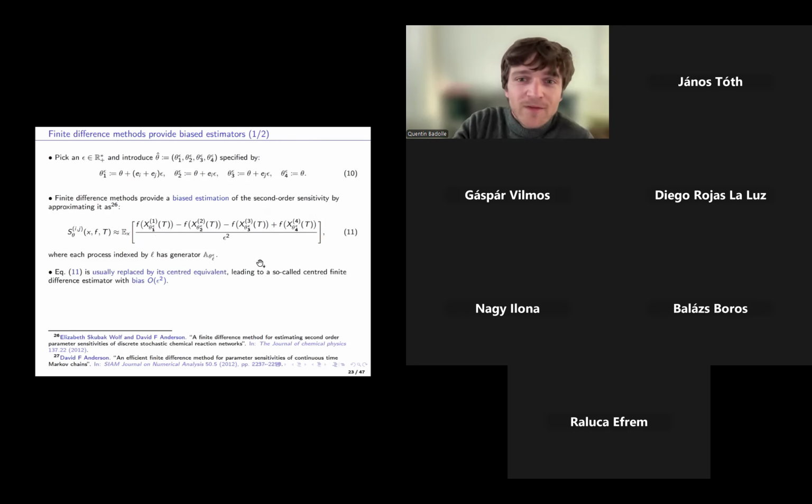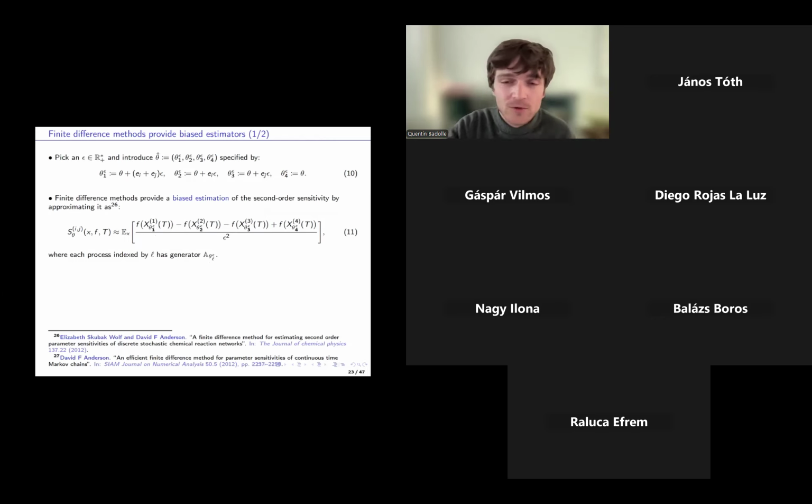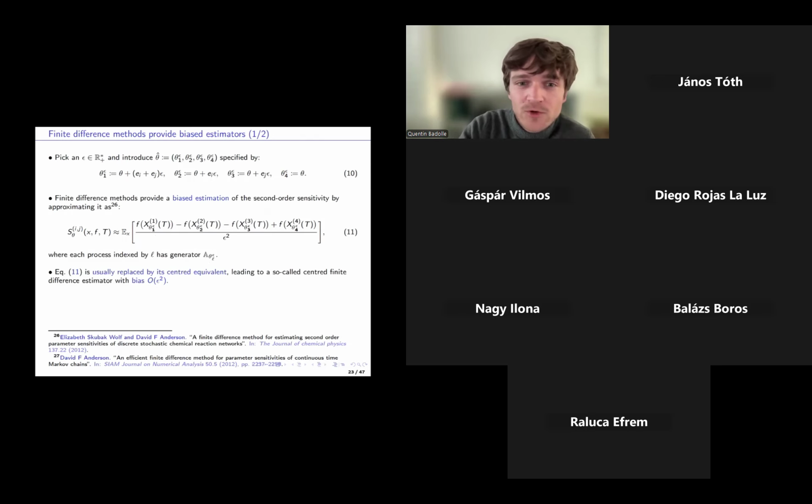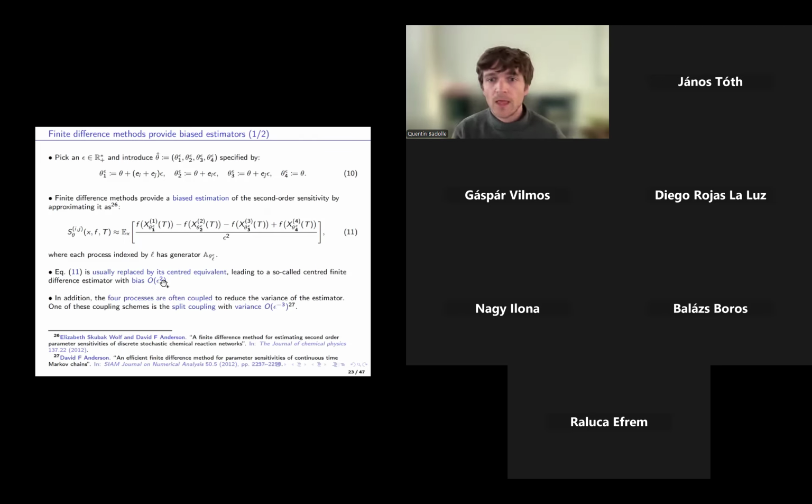I mean, we usually write this expression just for notational convenience. But this equation you usually replace by its centered equivalent, which has a bias of order epsilon squared. But then the performance of your estimator is going to depend not only on its bias, but also on its variance.